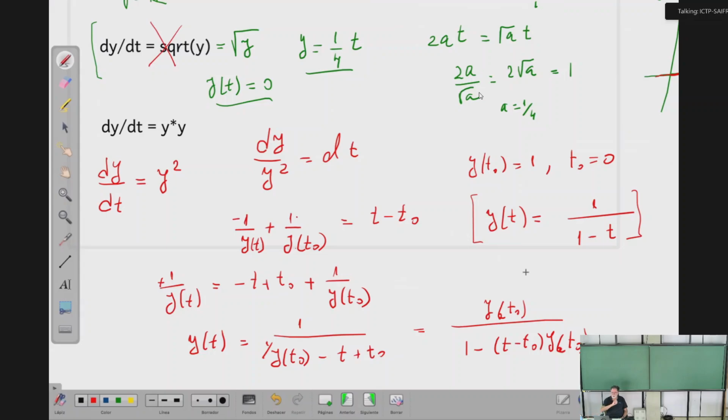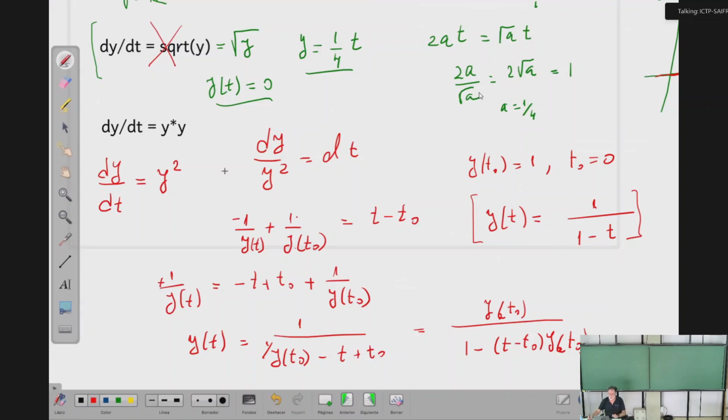That's the only two things that can happen. So when you are evolving, finding a solution, either you reach a point where the f does not exist, or you go to infinity. Those are the only possibilities. So the solution takes you in finite time to infinity. And this is what is going on here. We go in finite time to infinity.